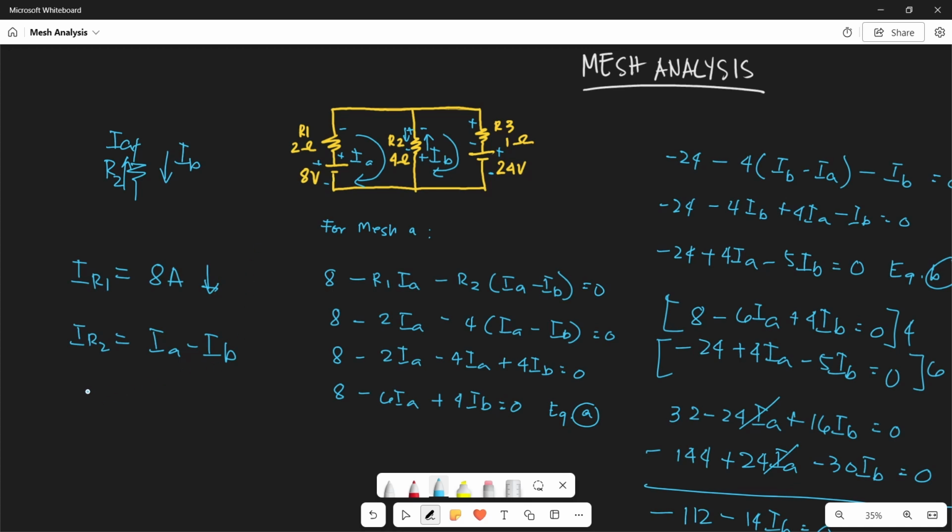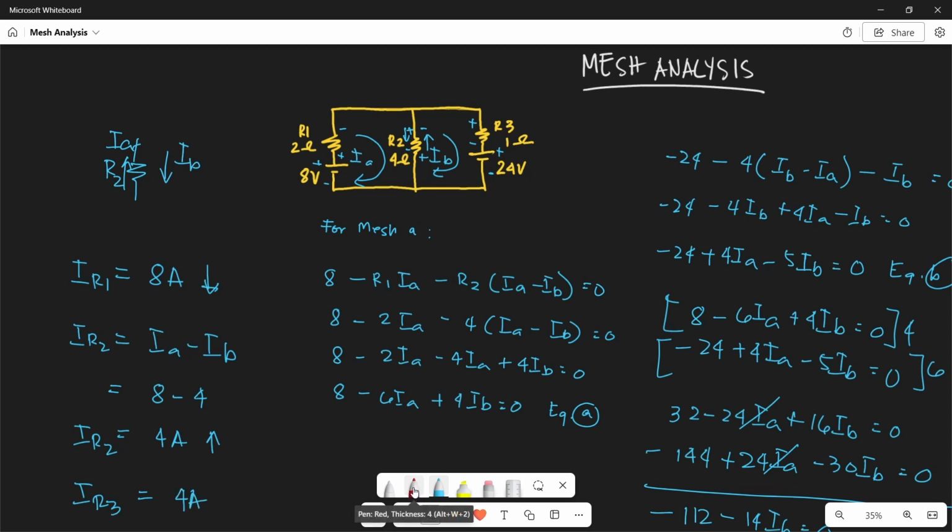And then IR2 is equal to 8 minus 4. So equals 4 amperes upwards. So it's actually going there. IR2. And then finally, IR3 is equal to current IB flowing upwards, which is 4 amperes.